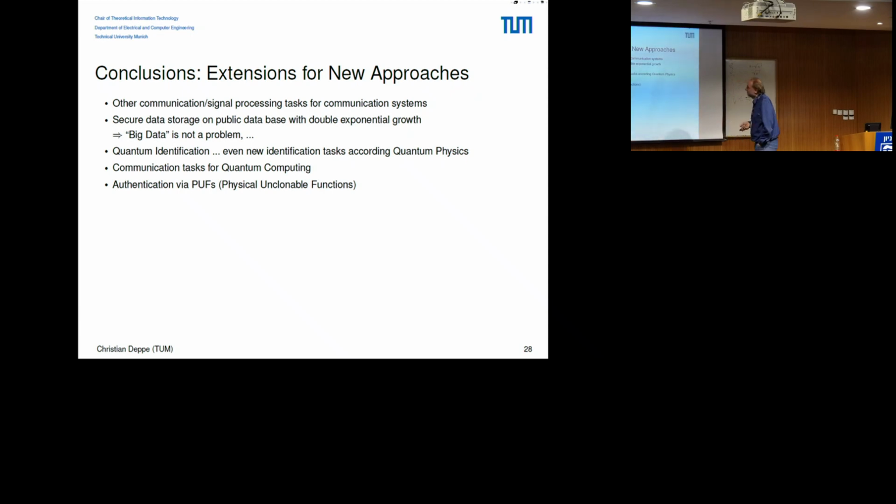So we have another communication processing task for communication systems, and so secure data stores on public databases with double exponential growth, and we show that for quantum identification, even this new task can be used.